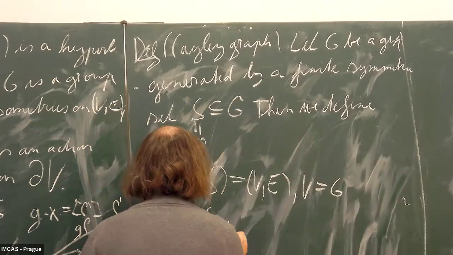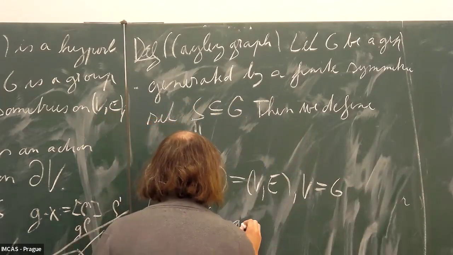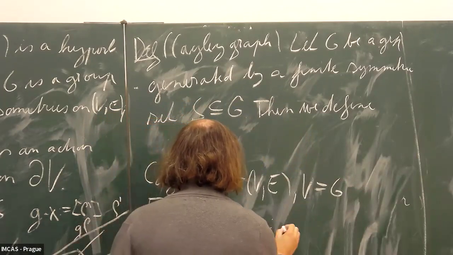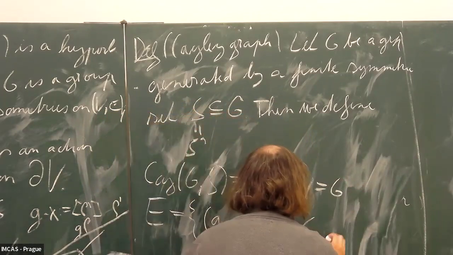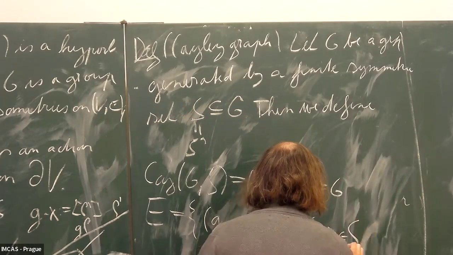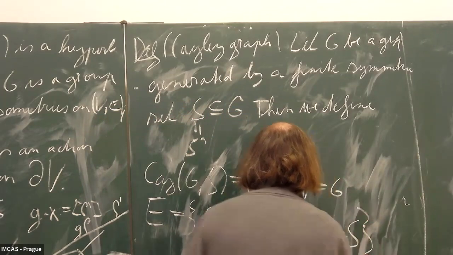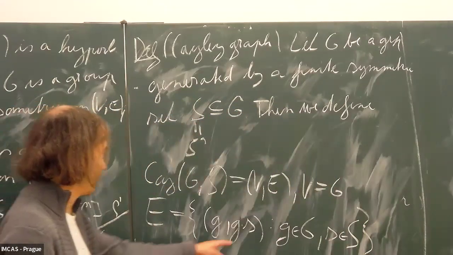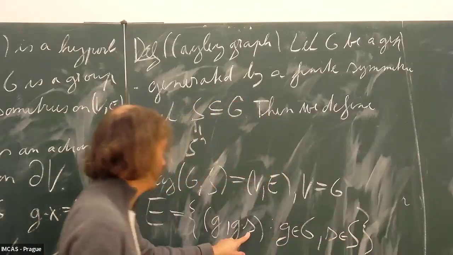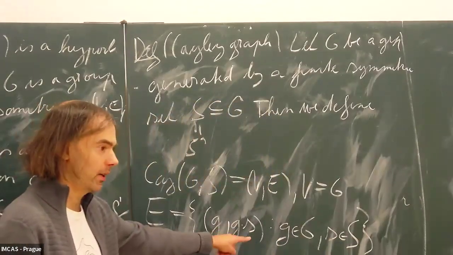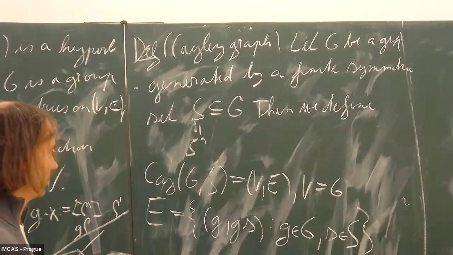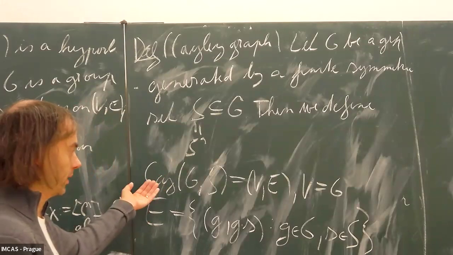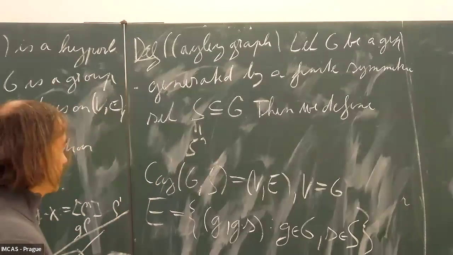We connect g and g prime if g prime equals g s for some s in S. Because S is finite, this graph is locally finite, and we can define a metric on the group as the graph metric in this graph.